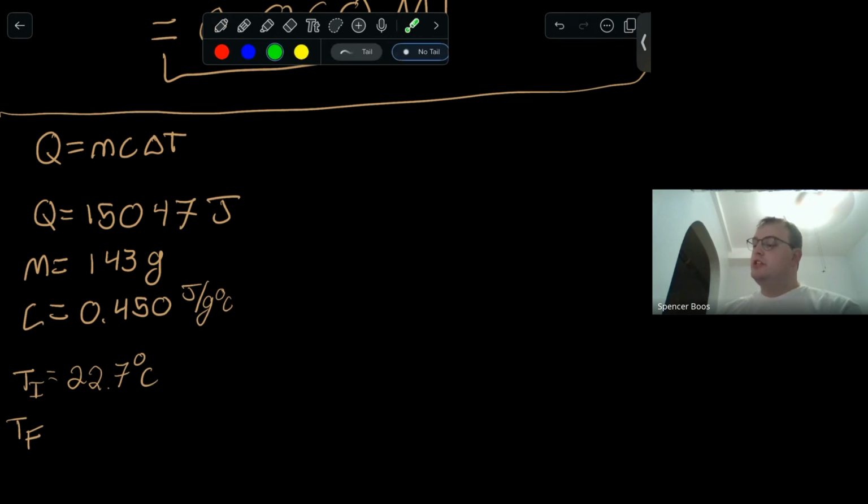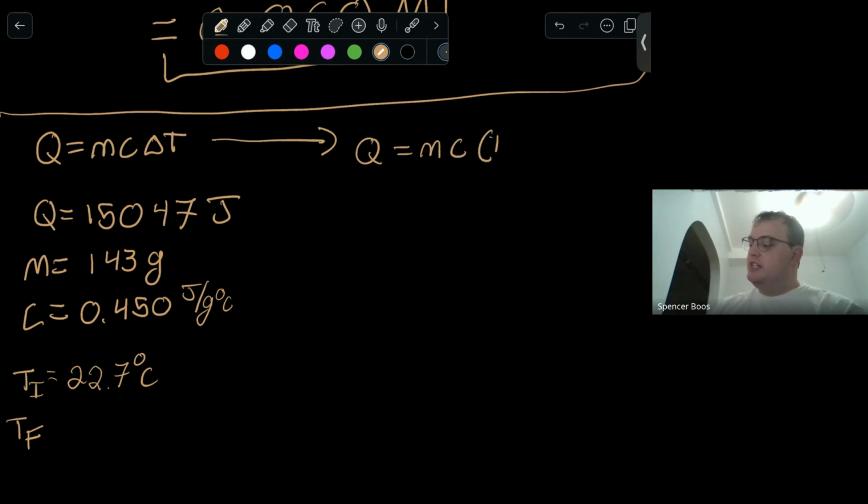So with this equation, Q is equal to MC delta T, this delta T here we can split up into two things. In other words, we can rewrite this equation as Q is equal to MC times T final minus T initial.